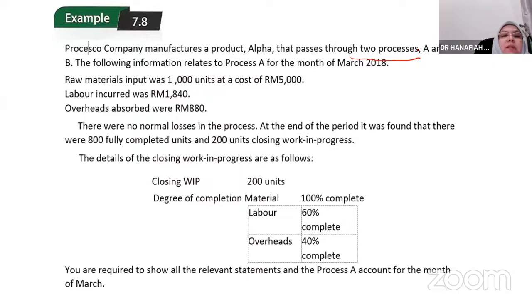You have an input of raw material, labor, and overhead. The quantity here is 1,000 units, and the cost is 5,000. There was no normal loss, so we don't have to calculate.